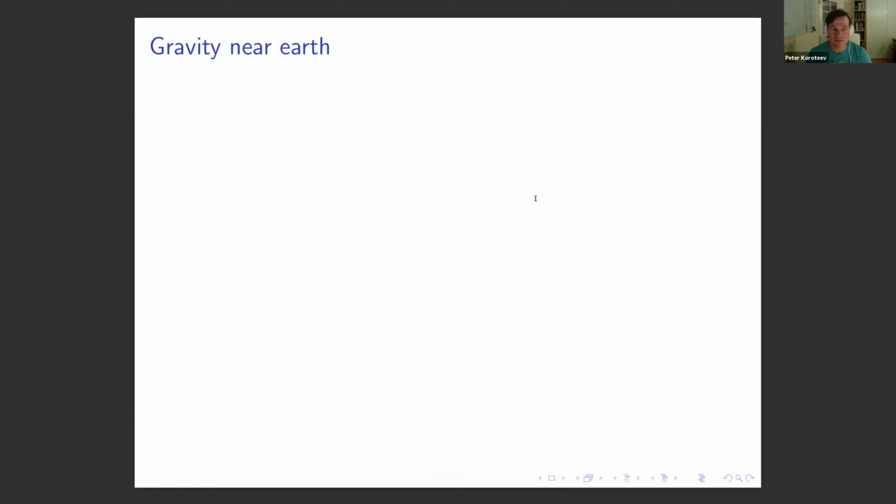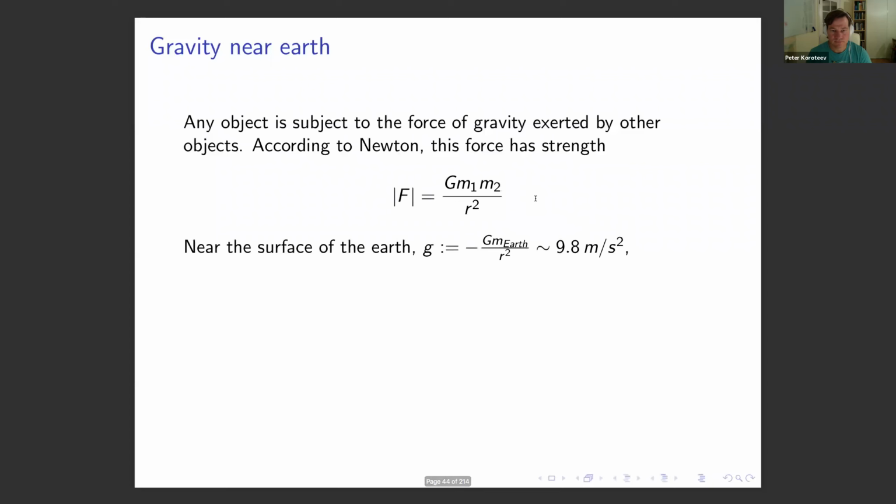Another example from physics, gravity near Earth. Any object is subject to the force of gravity exerted by other objects. According to Newton, the absolute value of this force is equal to the Newton's constant, capital G, multiplied by the product of masses, m1 m2, divided by r squared.